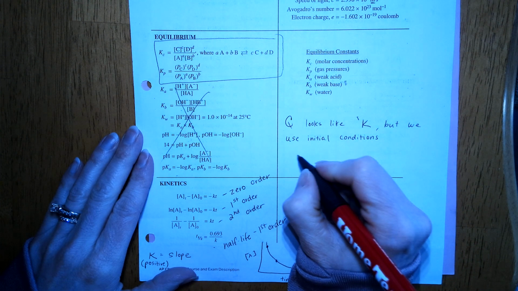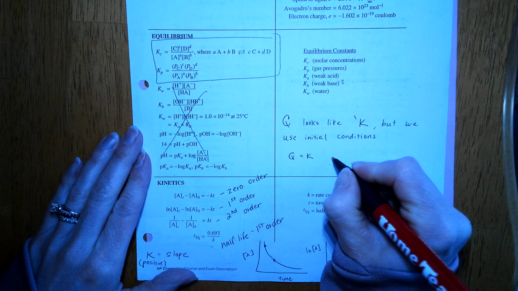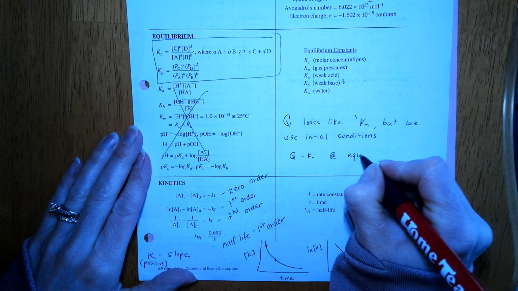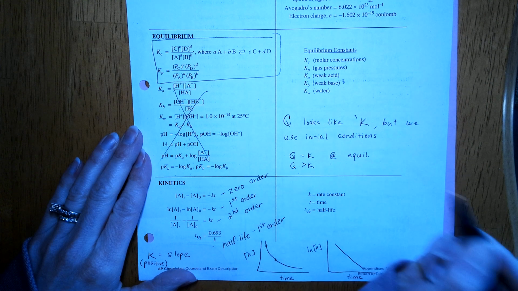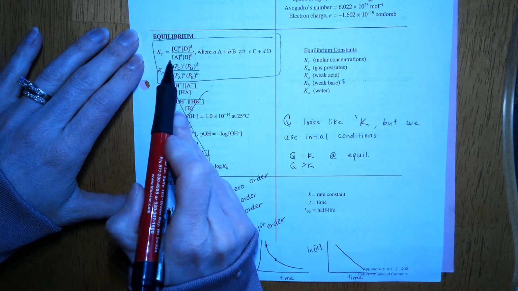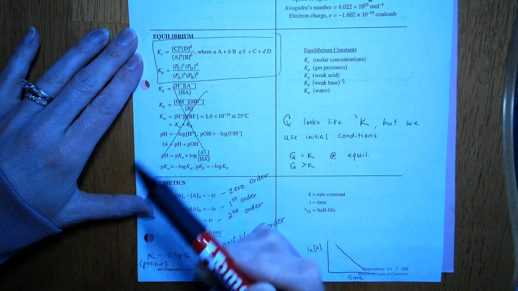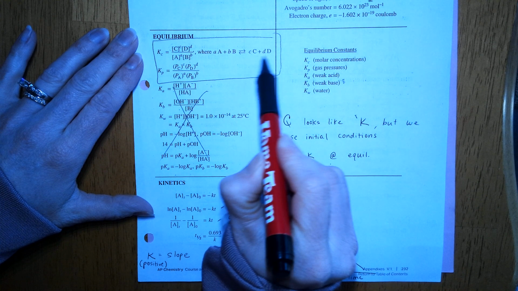But that's where we can say if Q is equal to K, we are at equilibrium. If Q is greater than K, I want to look at this expression. It's products over reactants. So if Q is too big, I have too much product.